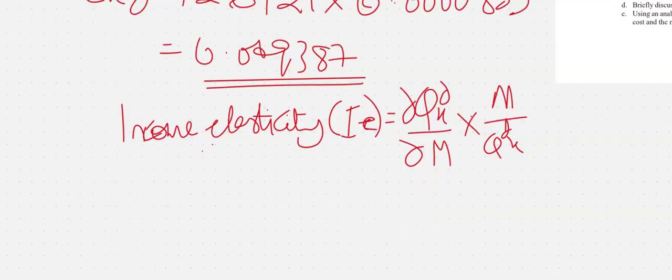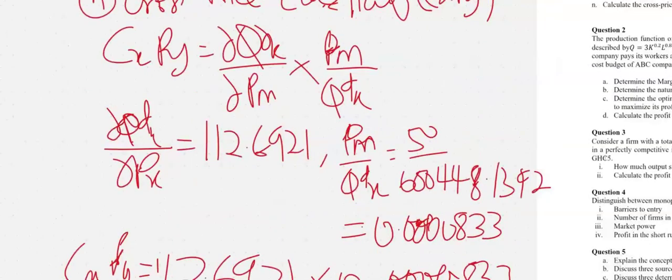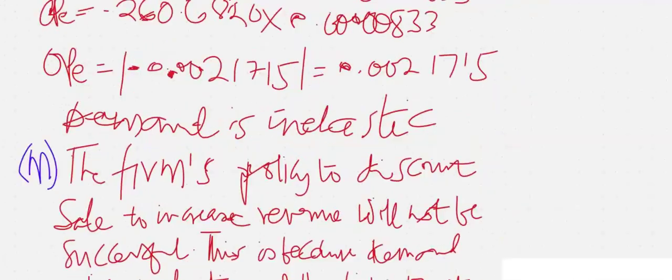So again, let me take the first multiplier, dQdx over dM. Then I go straight into the demand equation. The dM you can write as d or delta. Okay, so we have equals. Now let's go back to the equation and check the coefficient.